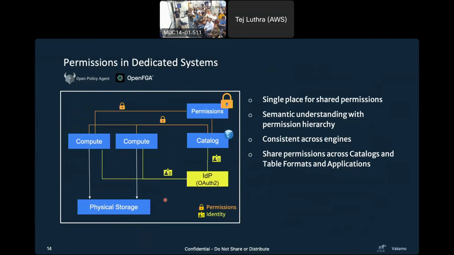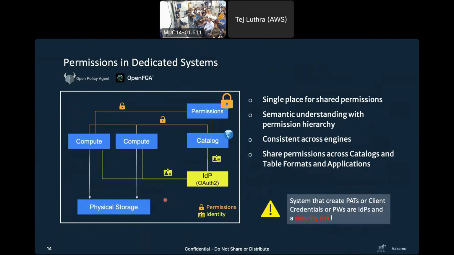So when we build something like that, as I said before, I don't want to talk about identity too much today, but it's super important that we also share identity in data systems. This is something that has been a shortcoming for years now. My theory is that data engineers want to make progress, and of course it's super comfortable to generate an API key somewhere and use it in your daily load, but it's super insecure.